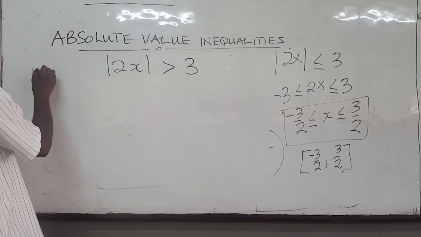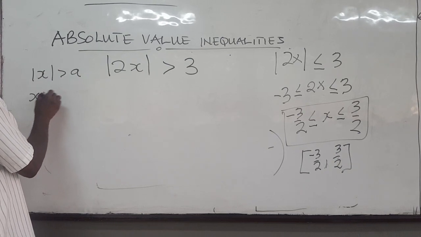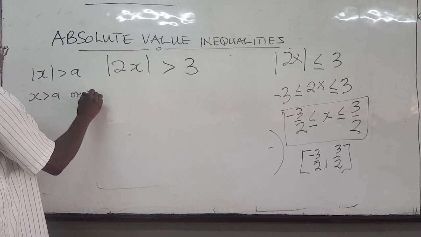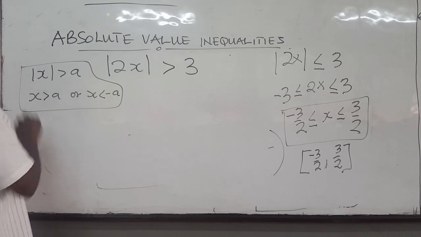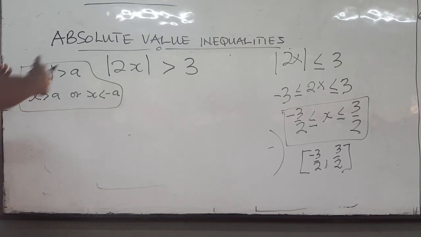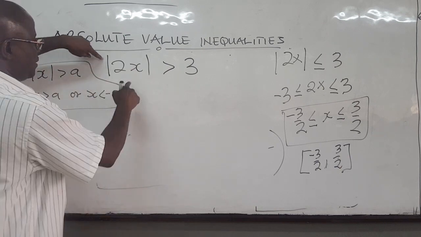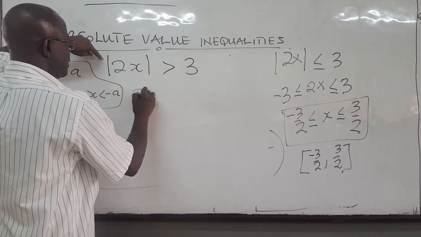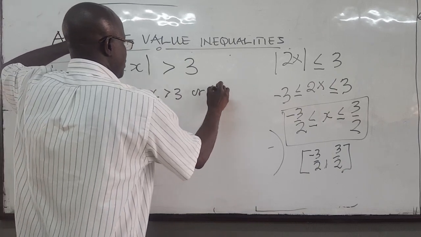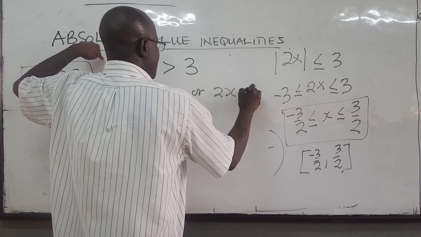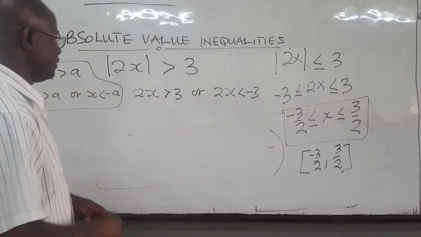If the absolute value of x is greater than a, this means that x is greater than a or x is less than negative a. Okay, this is important. It means we are on the flanks. So you use these two inequalities to solve that. This means that 2x is greater than 3 or 2x is less than negative 3. And then you solve them separately.